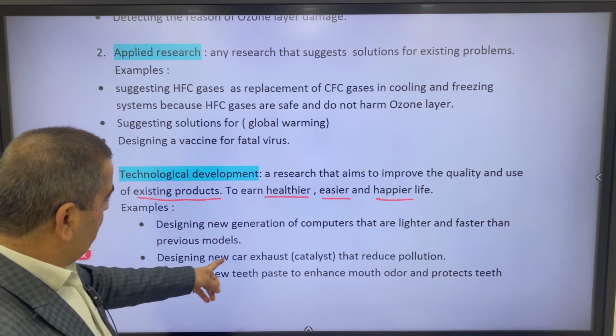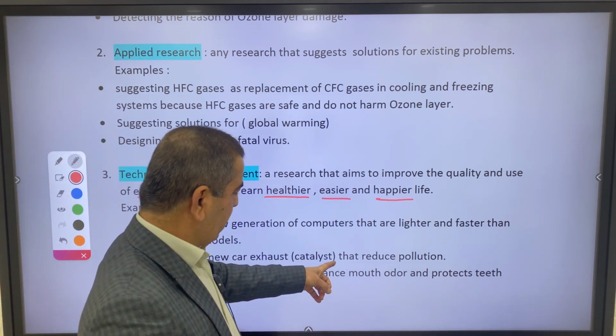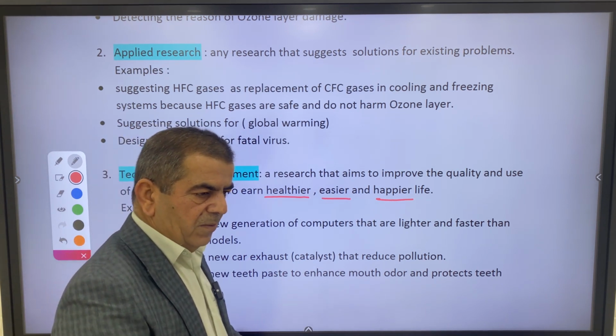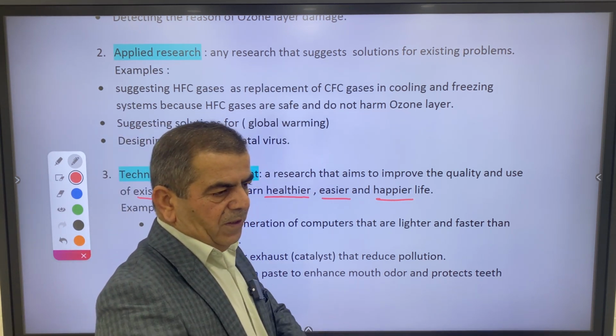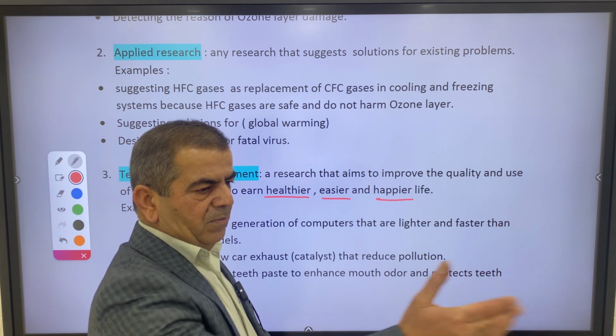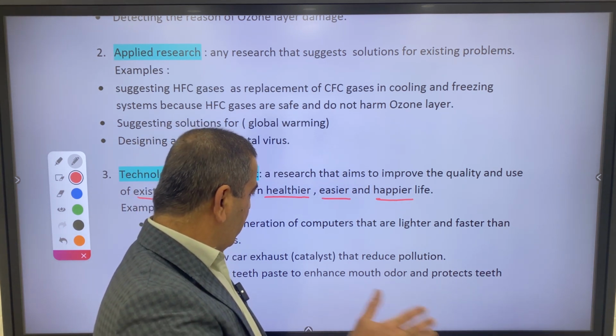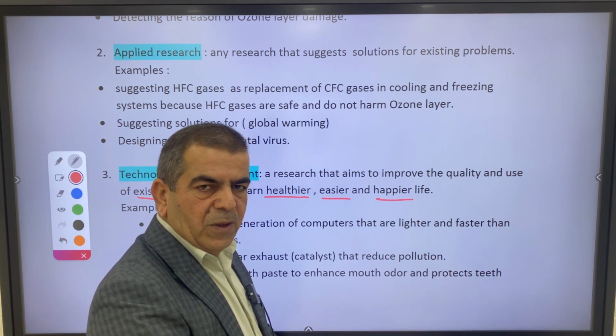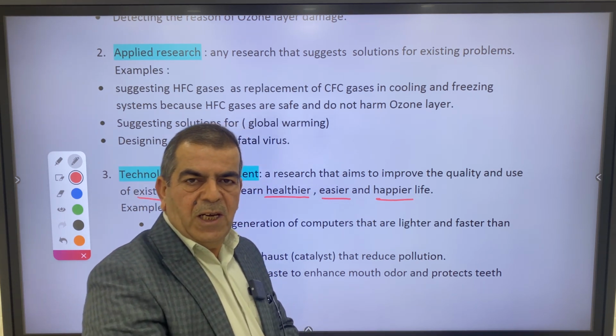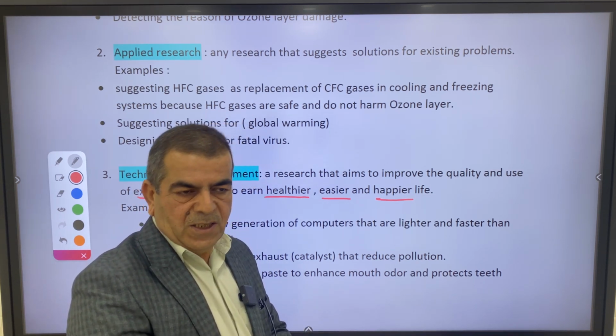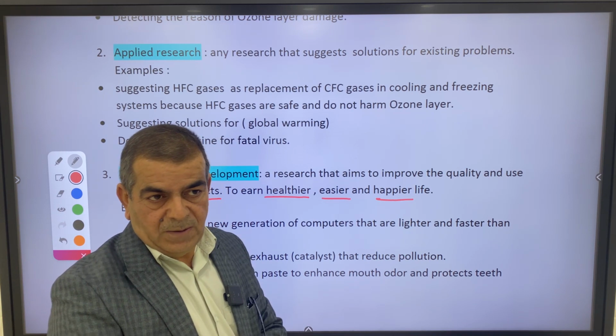The second, designing a new car exhaust catalyst. The car exhaust unit is mostly in the back of the car and releases the gas. Most of the gas here is carbon dioxide, carbon monoxide. And when using bad fuel, maybe ions of lead that are carcinogenic, which means they cause cancer.